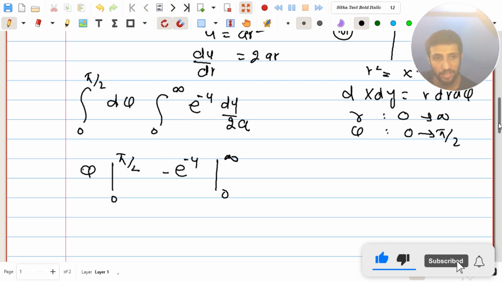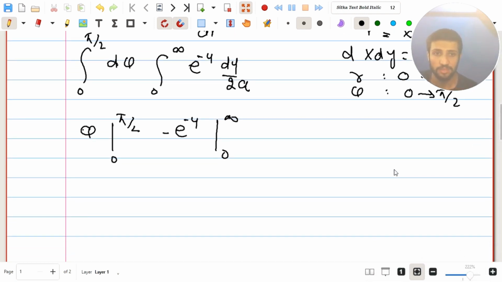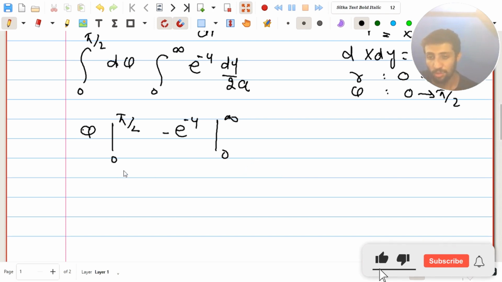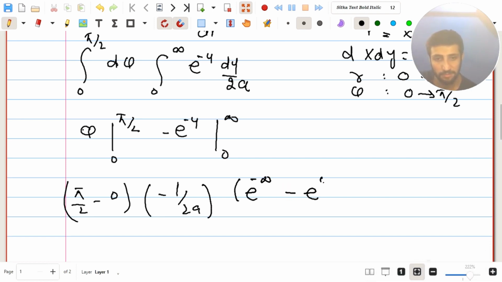Now if I plug in the values, upper limit minus lower limit, this is simply a basic formula you must know. What I'm getting is pi over 2 minus 0, and this is simply minus 1 over 2a, that is e to power minus infinity minus e to power 0.